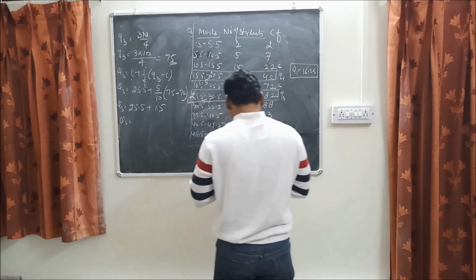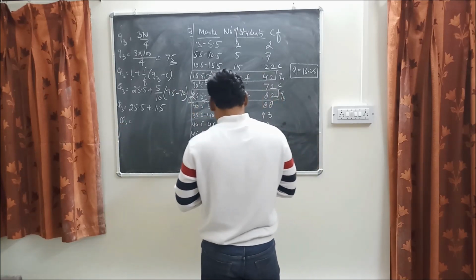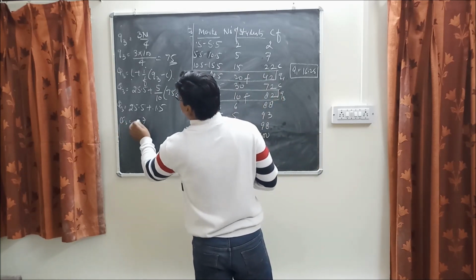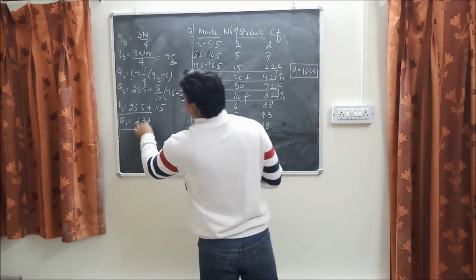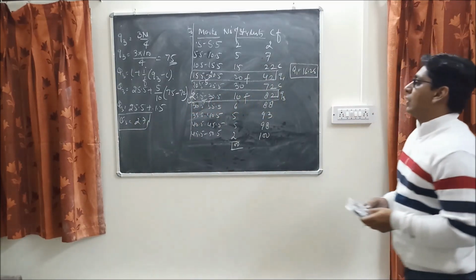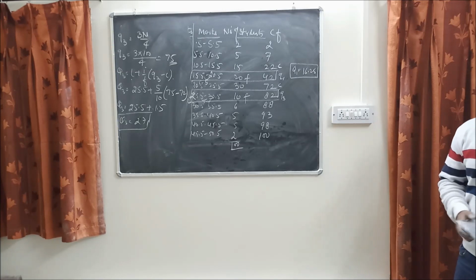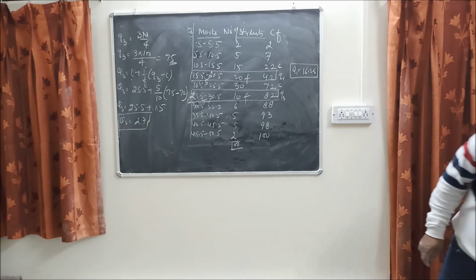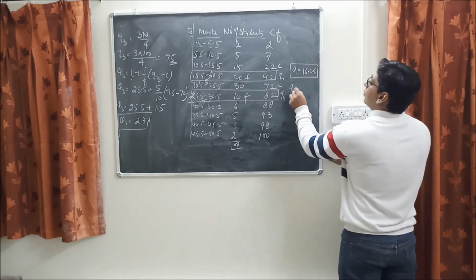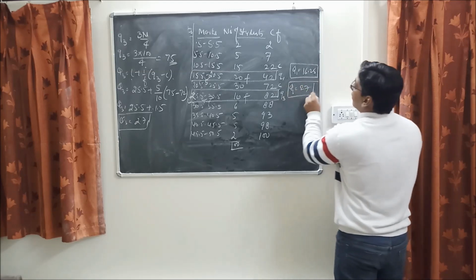So Q3 equals 25.5 plus 1.5, it is 27. Now Q3 equals 27.